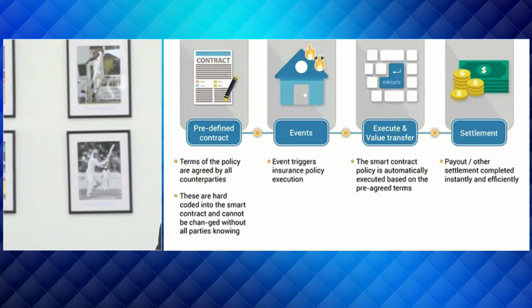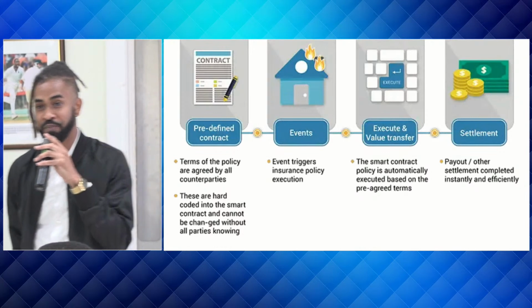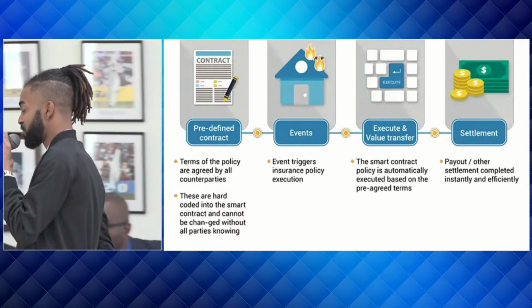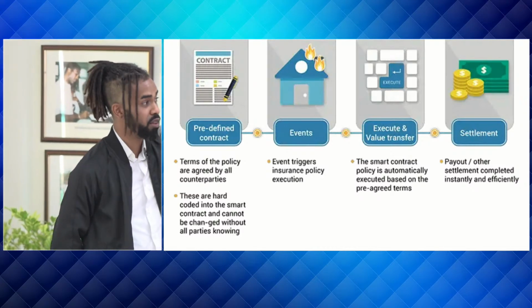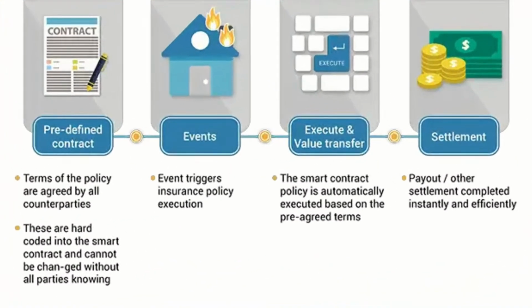And from there, you will receive a settlement or a payout. This is the advantage of using blockchain infrastructure. The policies cannot be altered. They're immutable. They cannot be changed. And with that, you do not have to worry about issues down the line.